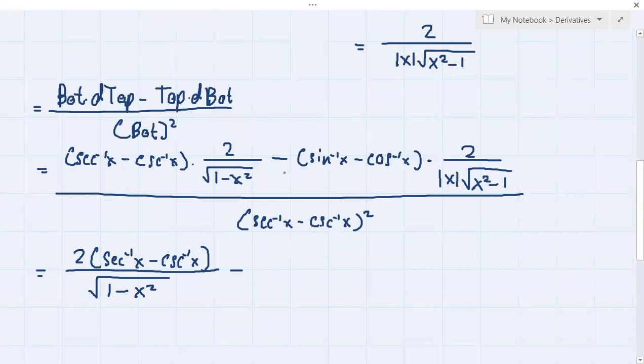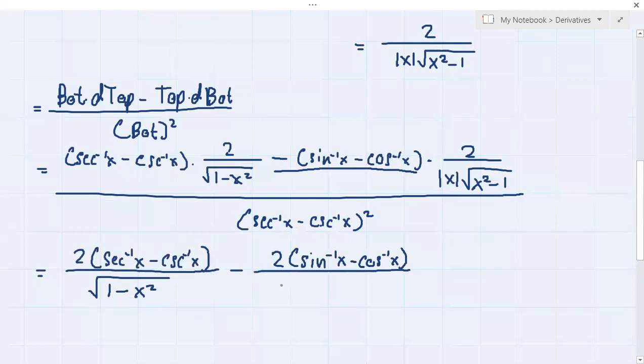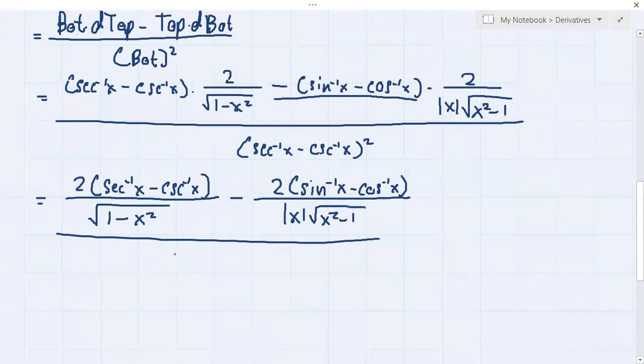Minus, eto, if you're going to multiply negative quantity, arc sin x minus arc cosine x, and 2 times all over the absolute value of x times the square root of x squared minus 1, magiging ano na to? Negative 2 times quantity, arc sin x minus arc cosine x all over the absolute value of x times the square root of x squared minus 1. Ayan. Then, let's copy the denominator.